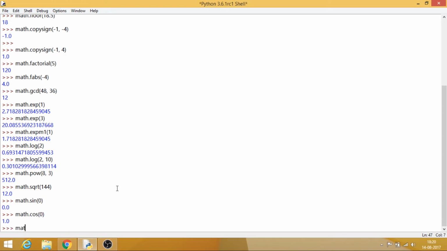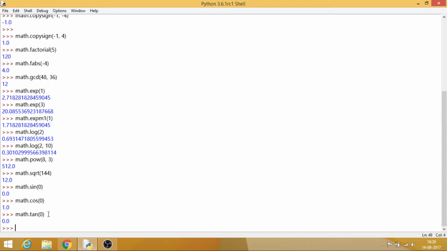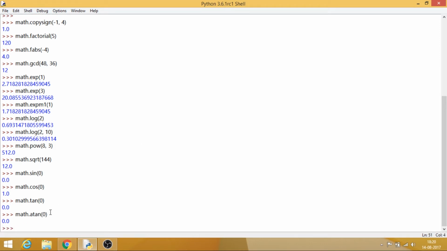We also have math.tan. Yeah, this really works. And we have something known as math.atan. What this is basically is the arc of the tan. So let's take 0. Yeah, it will return 0 definitely.